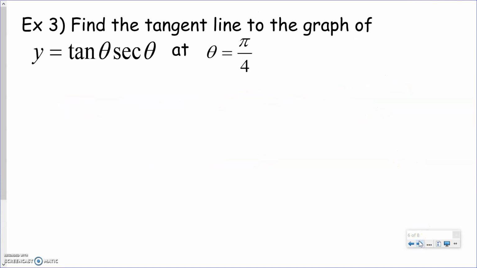Okay, next one. Find the tangent line to the graph of y at theta equals pi over 4. So we have two functions here. When we find the derivative, we need to use the product rule.